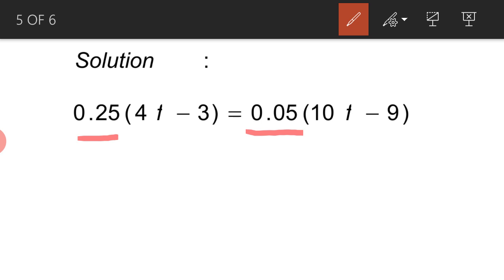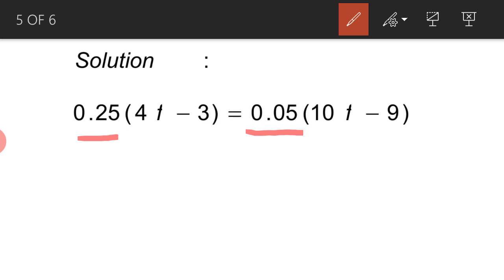How many decimal places are there? There are two decimal places. Whenever we come across rational part or fractional part, we try to eliminate or remove the denominator, because after removing the denominator, we can easily handle the equations. Have you observed this?